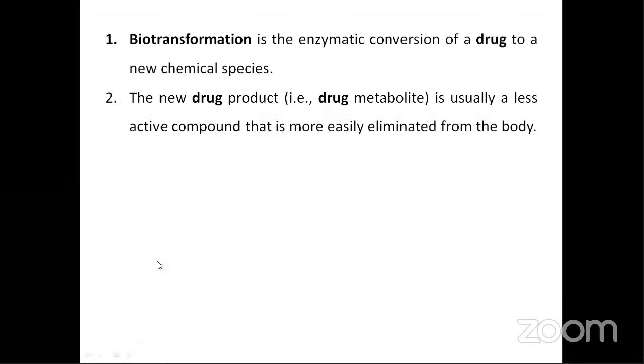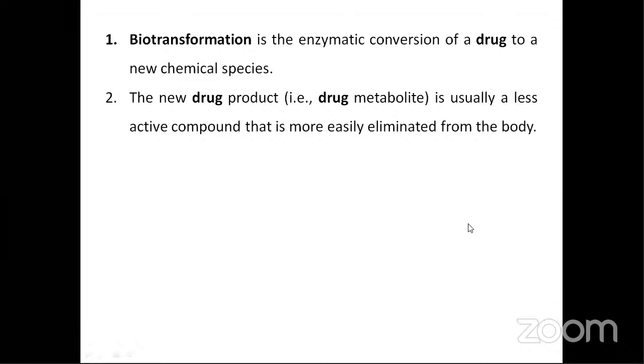Biotransformation is the enzymatic conversion of a drug to a new chemical species. The original drug is converted to other new metabolites, which have a different chemical structure. Suppose aspirin, for example: it is converted to salicylic acid in phase 1, so the chemical structure is different here.